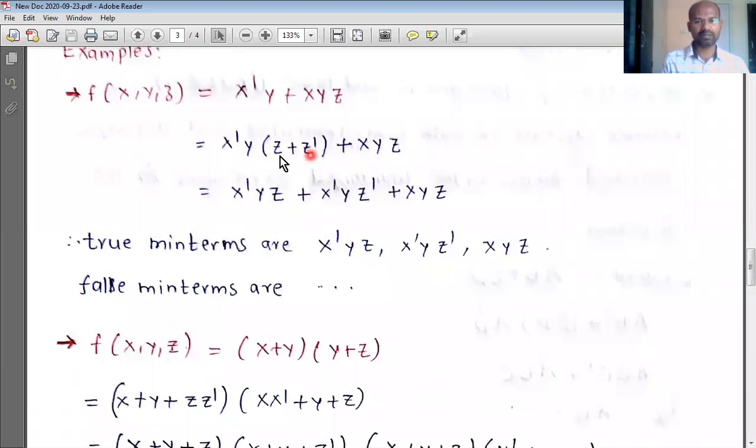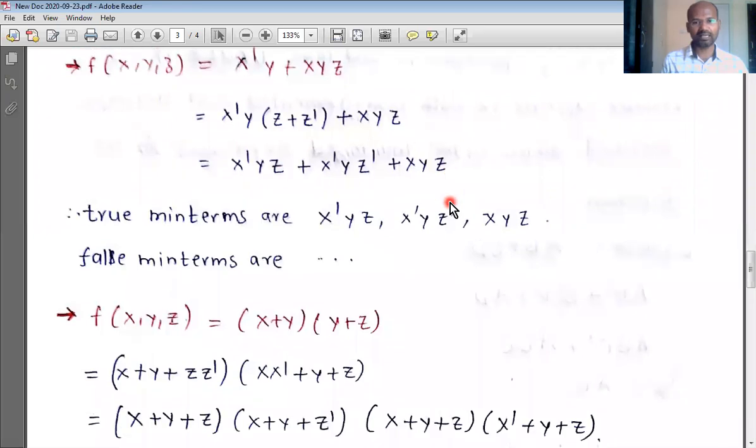What is z plus z bar? Always 1. If you multiply 1 with something like x bar y, that doesn't change the value. So x bar y can be multiplied with 1, where that 1 is z plus z bar. That doesn't change the result. Plus xyz, this is as it is. Now use the distributive property: x bar yz plus x bar y z bar plus xyz.